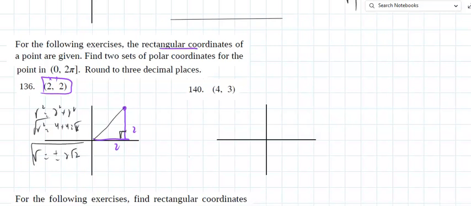Now, this is just me, just to make your life easy, I'm going to suggest that you make r positive, you don't have to, and theta in positive rotation, you don't have to. Well, tan of theta equals the opposite over the adjacent. Tan of theta equals 1. That means theta is pi over 4.